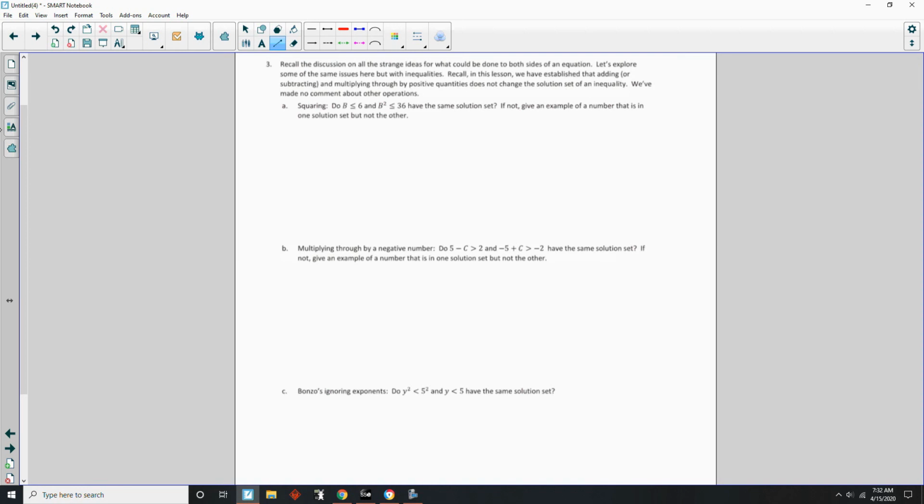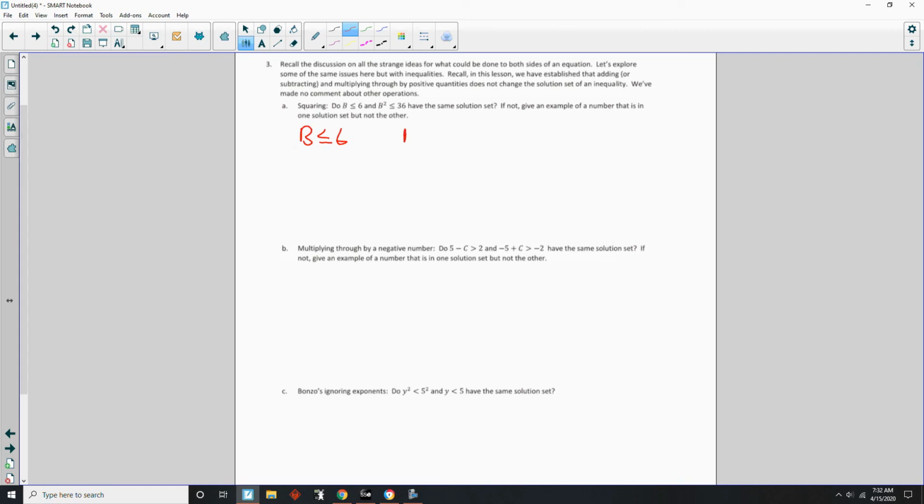All right, so I'm going to do, let's see, so we have, let's change back to my pen, B is less than or equal to 6. Okay, so 6, 5, 4, 3, 2, 1, 0, all the way to negative infinity is true.